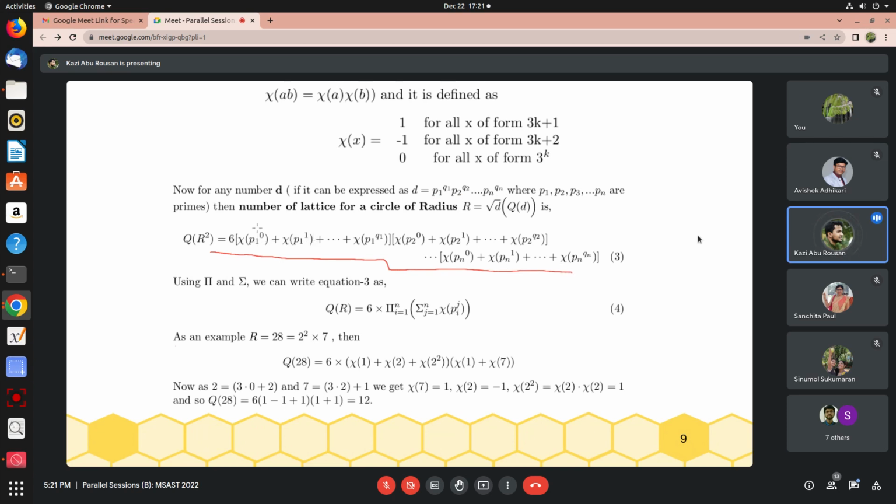Now, I can use this defining feature to write this out in this sort of form. That is, Q will be given by this particular expression, and we can check that out. And the proofs are in the paper, so you guys can read it. But we can check that it actually works.